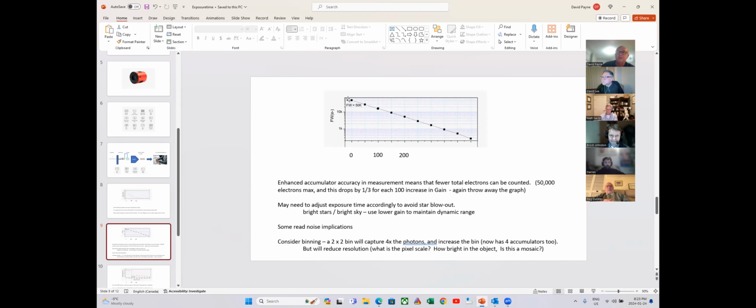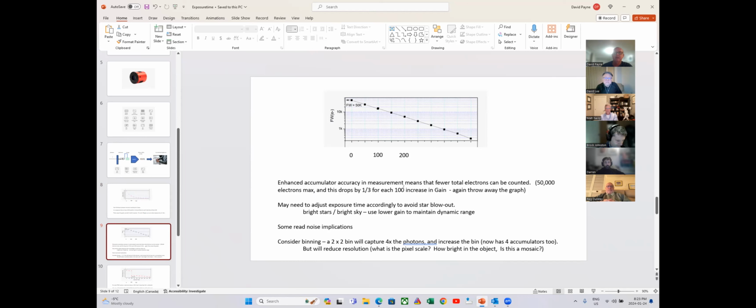But if you're not saturating at 50,000, you roughly won't be saturating if you divide the exposure time by 3, because you'll only accumulate 1/3 the number of ADUs by dividing the exposure time by 3. So all the numbers just sort of go around and fall into place.